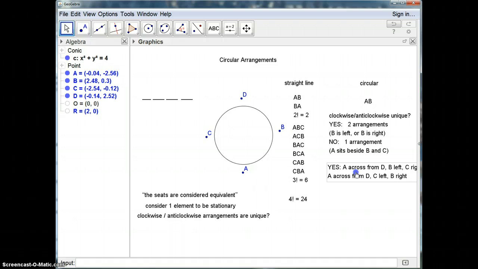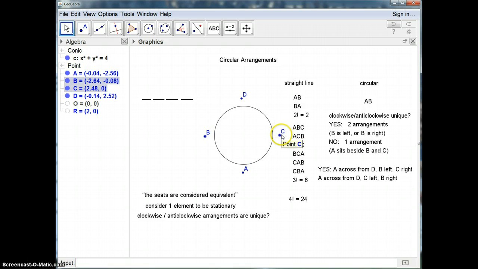Okay, so we have these two options. And again, just to look at the diagram for a second, A is across from D. B is on the left-hand side. C is on the right-hand side.